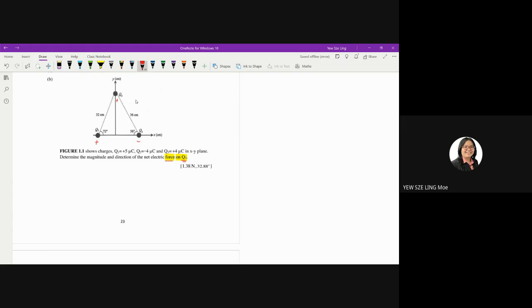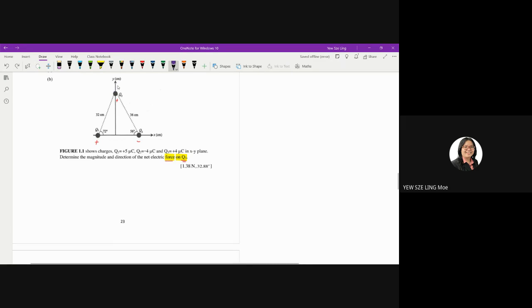What am I going to do right now? I want to check the relationship between Q1 and Q3, and also the relationship between Q2 and Q3. Q1 and Q3 are both positive, which means they will repel each other. If they repel each other, the direction of the force acting on Q3 will be going toward this direction.